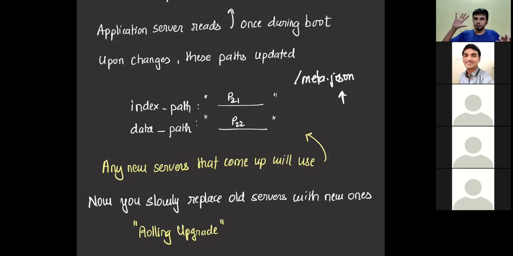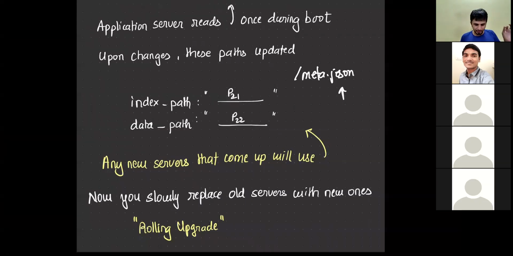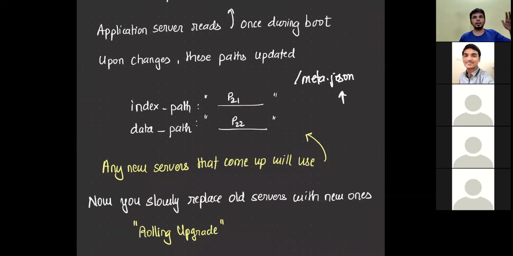So the problem for new servers is solved. Old servers will continue to serve from the old index path and old data path. So instead of having one copy, we now have two copies, old and new. Once we know our process is done and the new path is updated, we can slowly start terminating the old servers, or reboot them, whatever works.